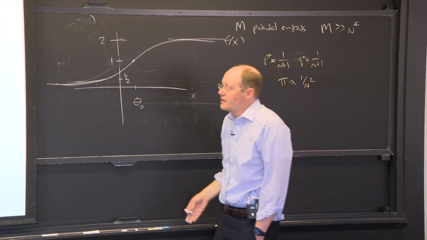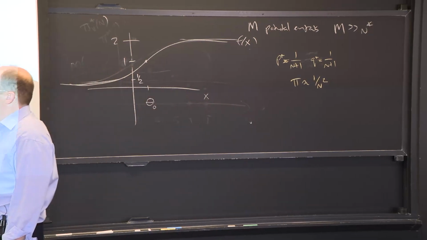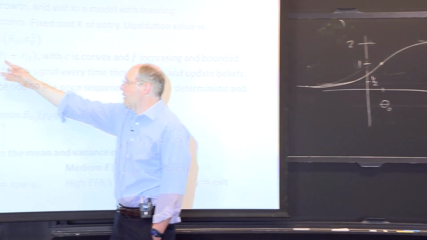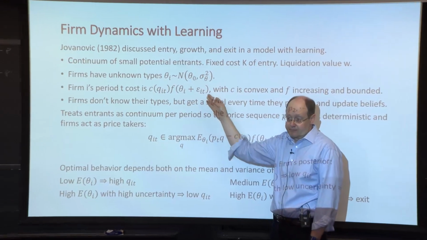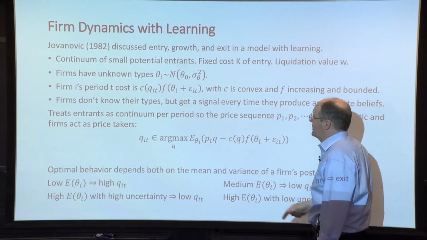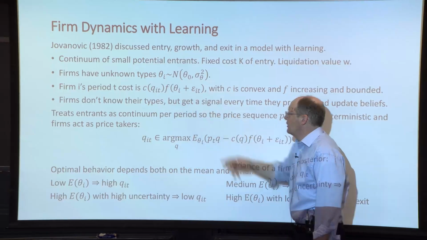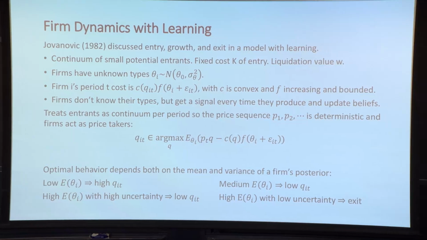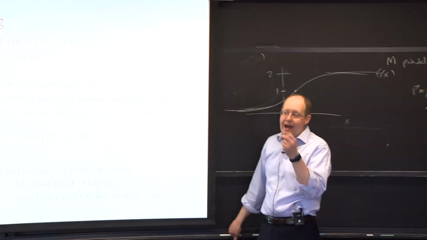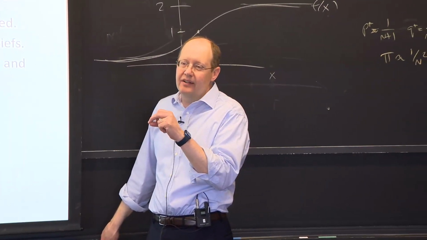And so with these firms entering, if their costs are low, they're going to earn positive, high profits. If their costs are high, they're going to earn negative profits. But he adds this random shock in, a random period by period shock. So I enter, I try to produce this period, and it turned out that I had high costs. Am I a high theta type, or was I just unlucky?